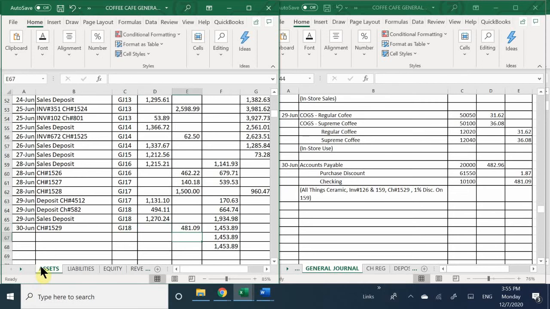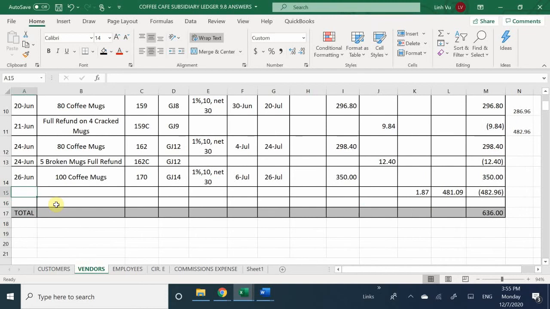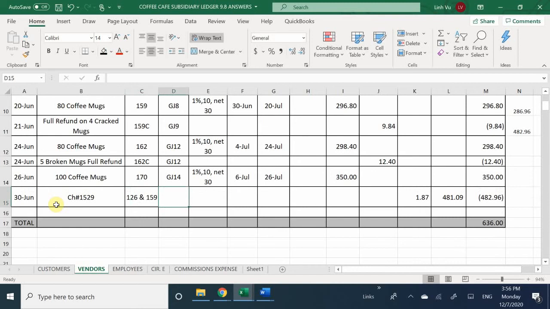Oh wait, we gotta finish the subsidiary. Okay. So we can put in all that information, the 30th on the subsidiary ledger. What do we put in the notes? The check number would be great.